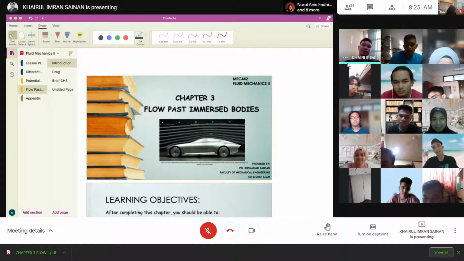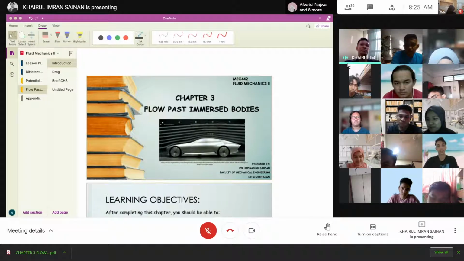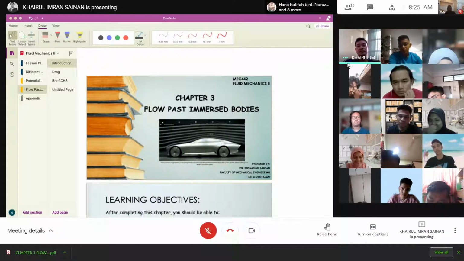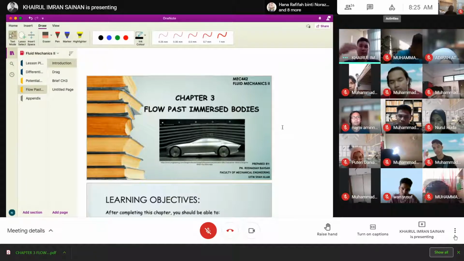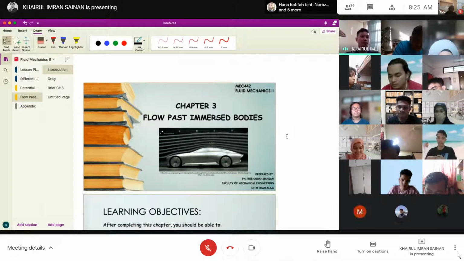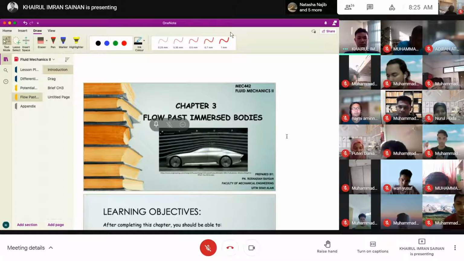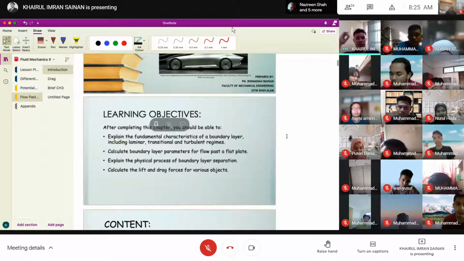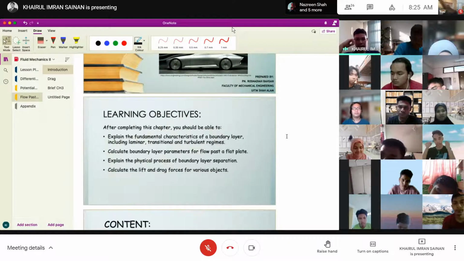So for aircraft, we try to achieve lift, but for car, like what Putri Dania told us, we try to reduce the drag, right? So that's why an object passes through a fluid. This chapter cannot run away from aerodynamics.